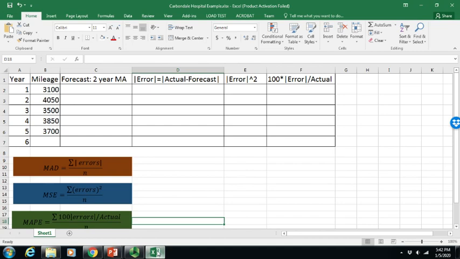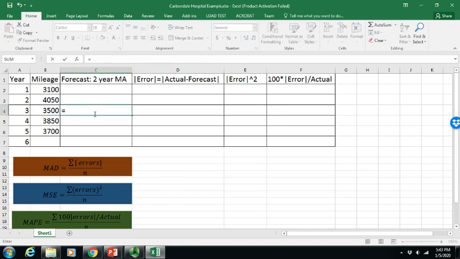So here you see the information for the past 5 years is given: mileage for year 1, 2 to 5, and the question asks us to do a forecast for year 6 using a 2-year moving average.